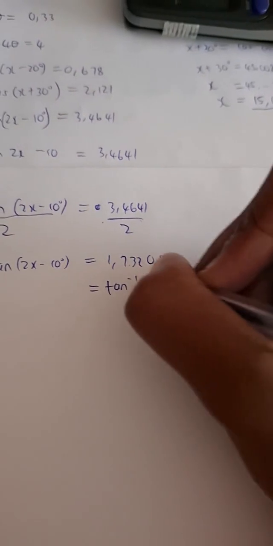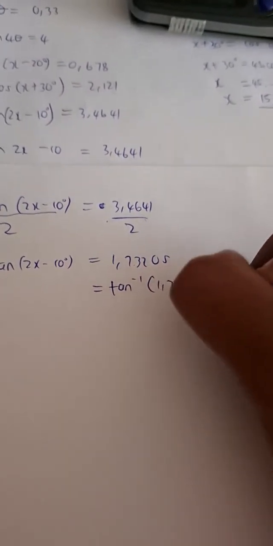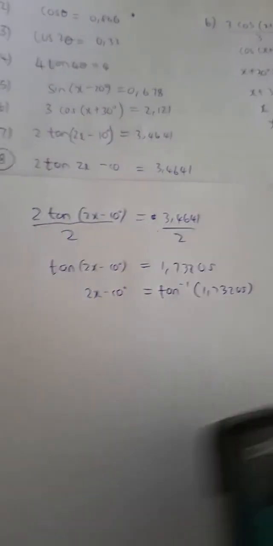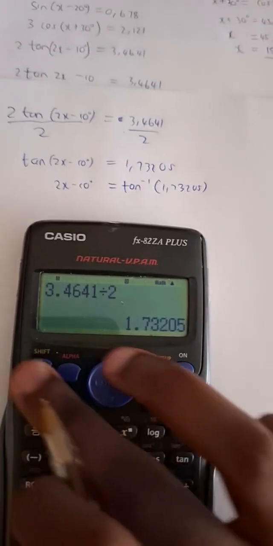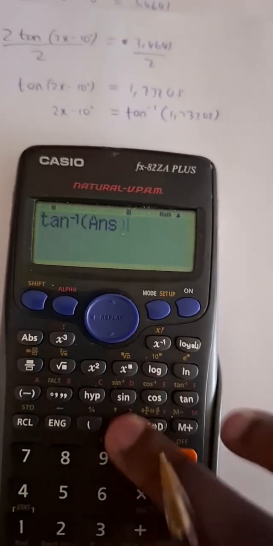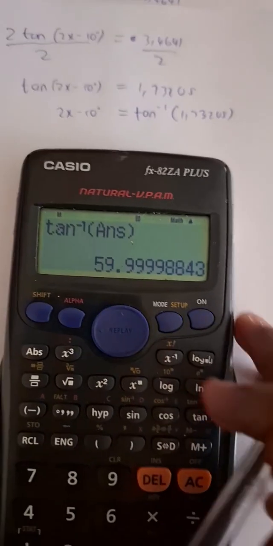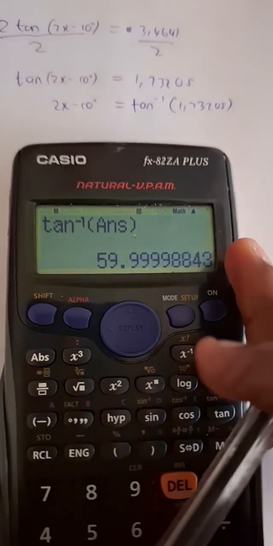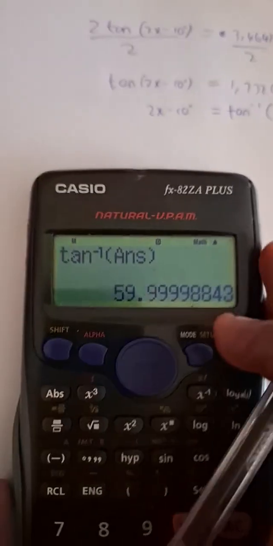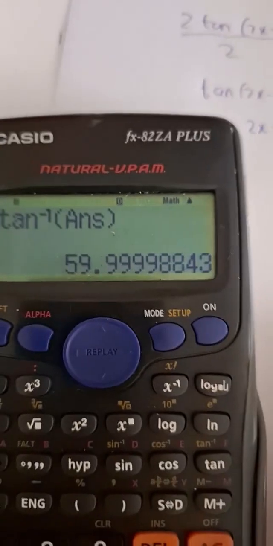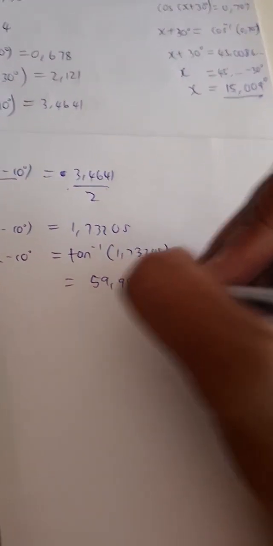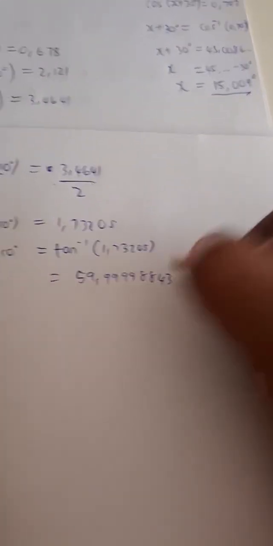Now you can take the inverse of 1,73205. 2x minus 10 degrees is now isolated. The bracket can be removed, which is fine. So we say the arc tan of the answer that we had gotten, 59,9999. There are 4 9s, 2 8s, 4 3s.